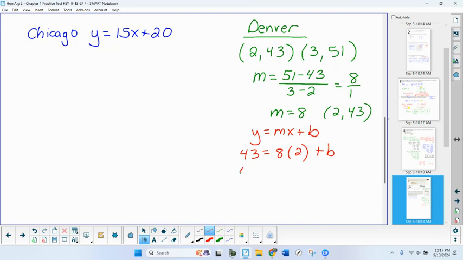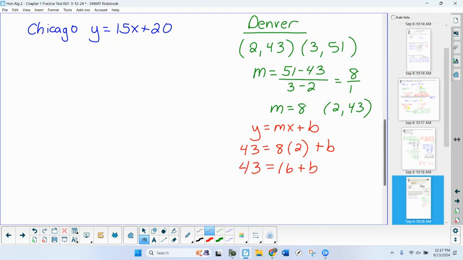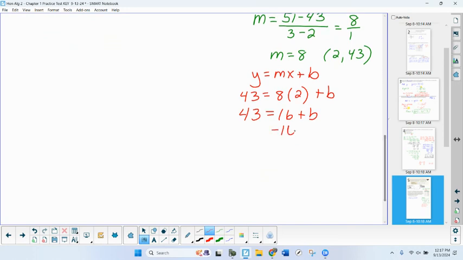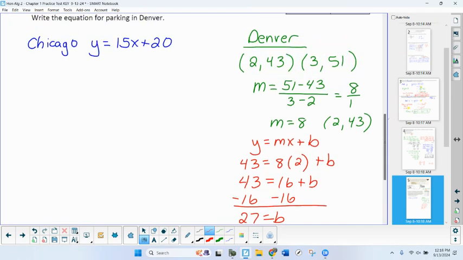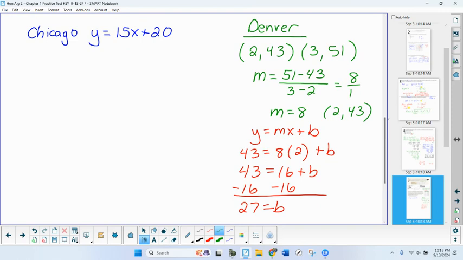What's 8 times 2? 16. What are you going to do now? Subtract 16. And when you subtract 16, what do you get? 27. So now, what is the equation for Denver? Y equals 8x plus 27.